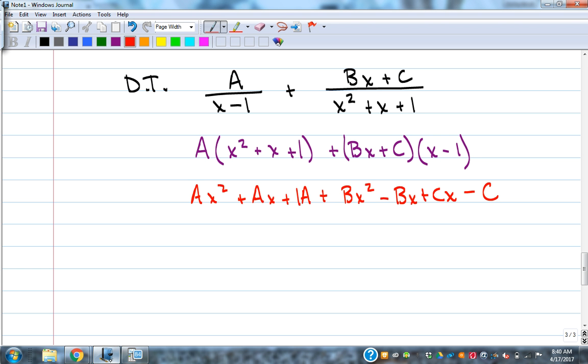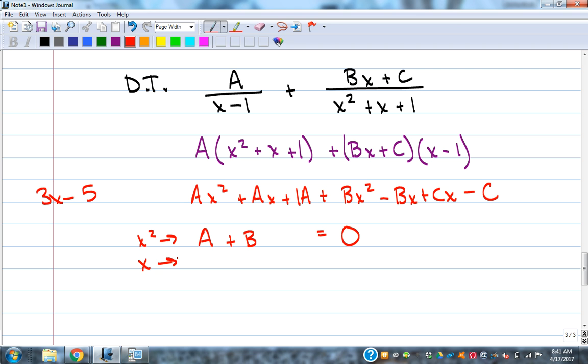All right, so you'd have an x squared equation, which would be a plus b equals, now our numerator, remember, was 3x minus 5. How many x squareds are in that numerator? None, so 0. So that whole thing's equal to 0. Your plain x's, I got ax minus bx plus cx.